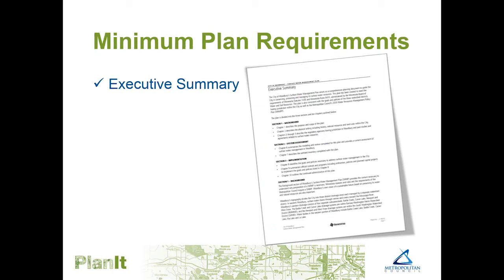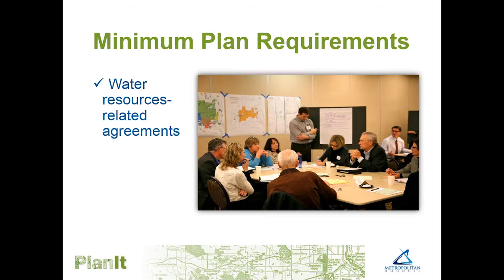There are a number of local water plan content items that are required by statute. First, every local water plan must include an executive summary which summarizes highlights of the plan. Information presented can include a map of the city, identification of primary issues addressed in the plan, the main goals of the plan, and major actions recommended by the plan.